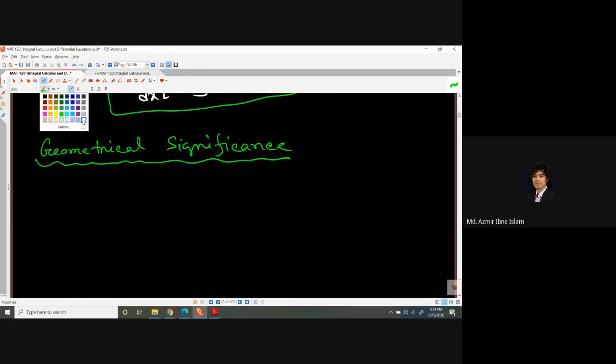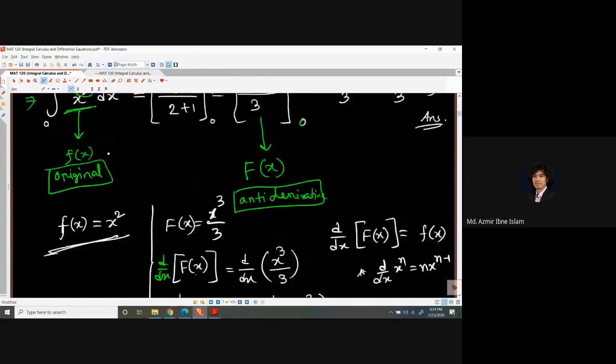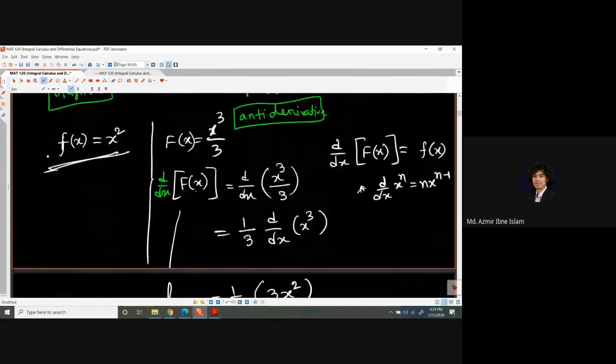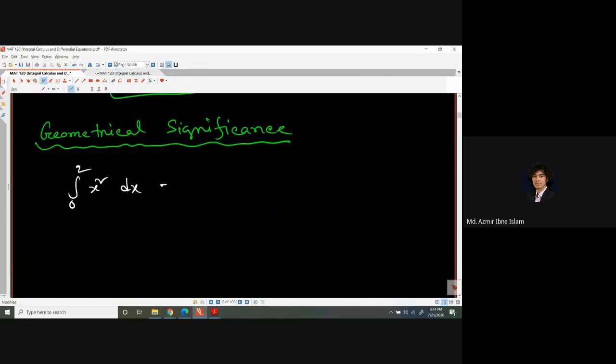So what we are doing is integrating the function x squared from x equal to 0 to 2 with respect to x, and finally we have found 8 over 3, which is actually 2.67.